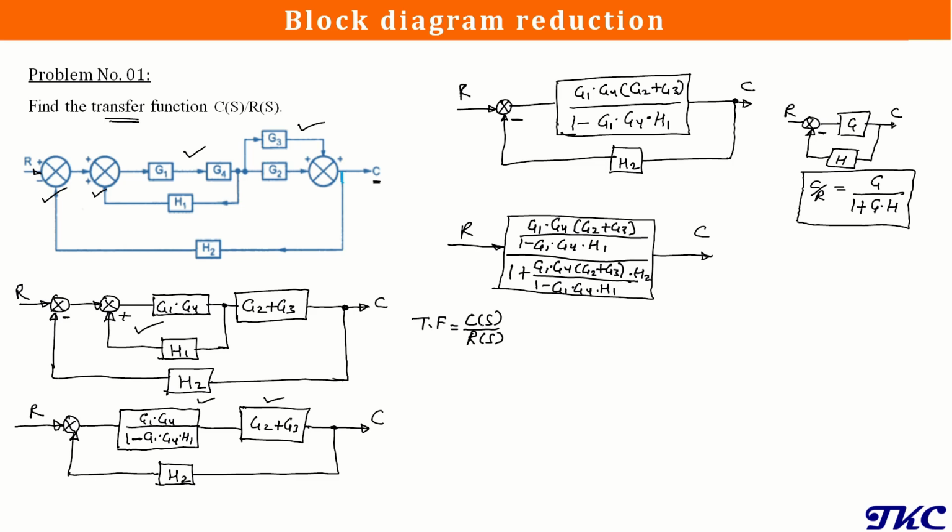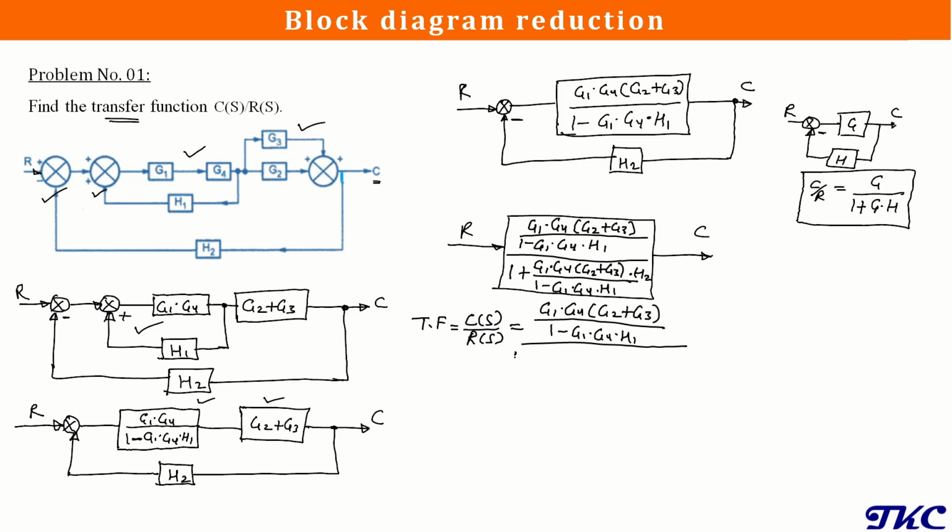So we can write in the form of C of S upon R of S, or we can simply write C by R, but better is to write always as C of S upon R of S. Then it will be G1 into G4 upon G2 plus G3 upon 1 minus G1 into G4 into H1, divided by... Now here what we can do, we can cross multiply so that we can make the base same, and later on we can cancel with the above denominator here with this one.